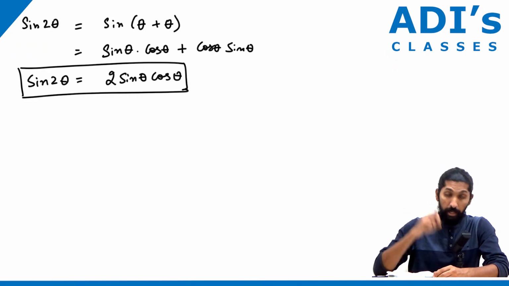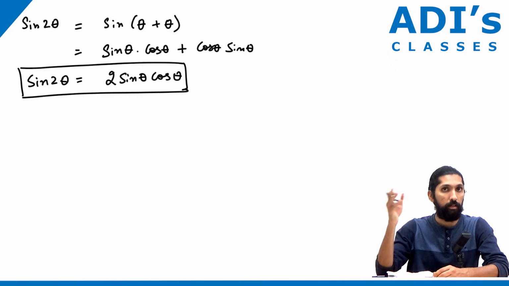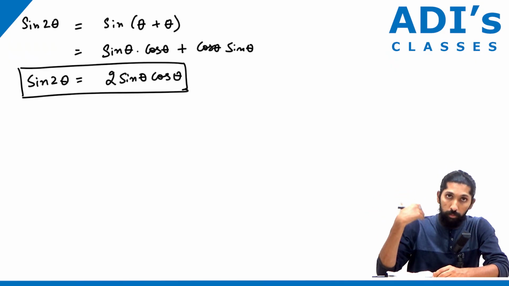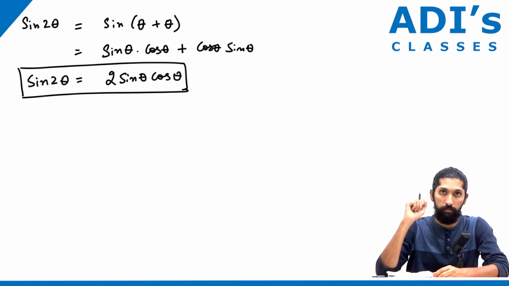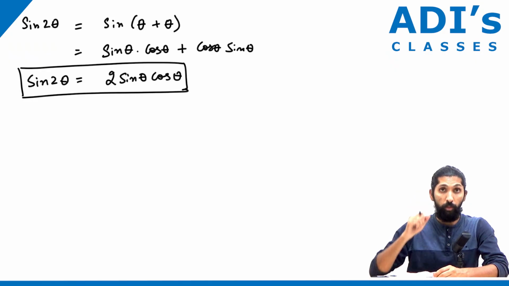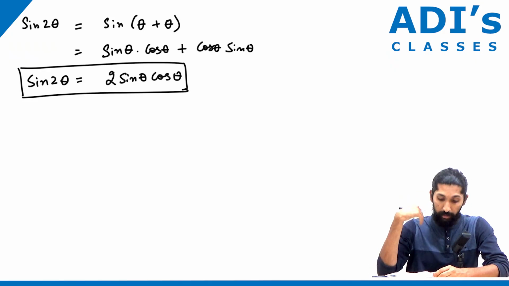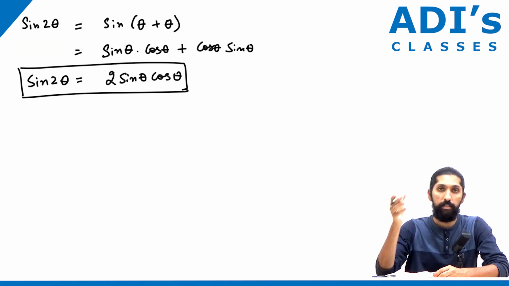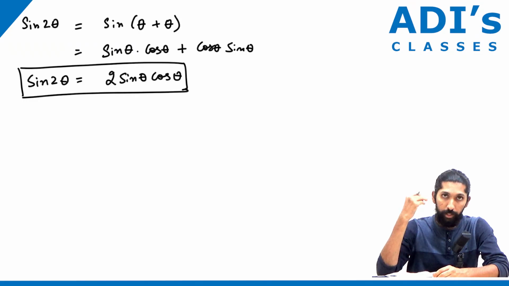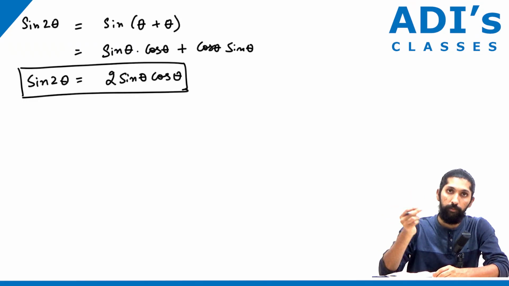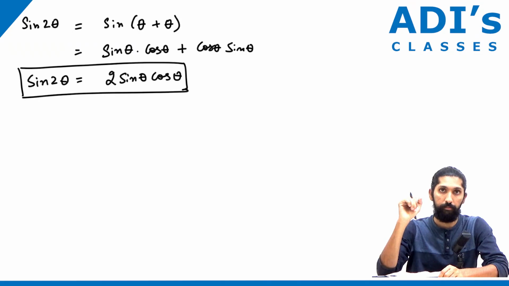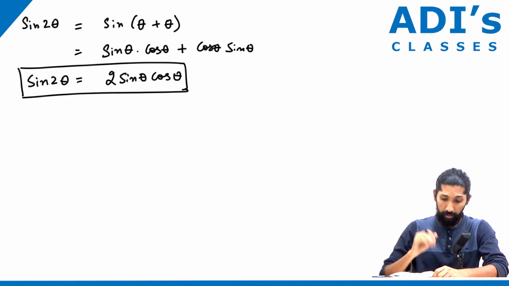Now the same sine 2 theta, which is 2 sine theta cos theta, can also be written in terms of the tan function. Here, what we can do is write cos theta and sine theta in terms of tan theta. Look at this one.